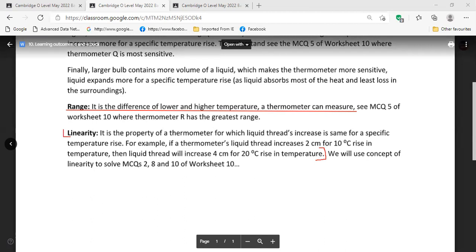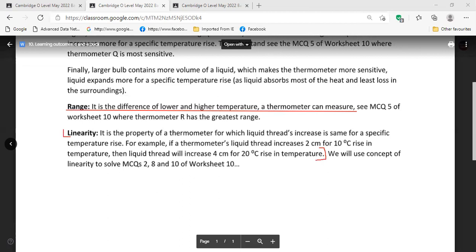For calibration, we got a range from 0 degrees to 100 degrees Celsius, and then we got the smaller scale also. Each centimeter is giving us 10 degrees Celsius. So this is called linearity.